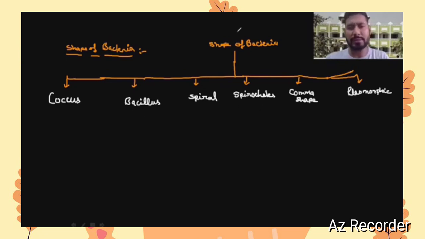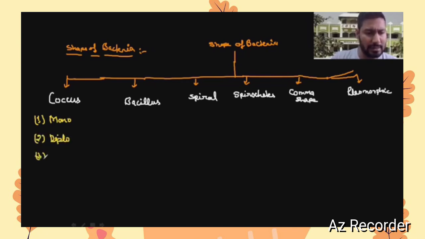Now coccus is again classified into 4 to 5 different types. Number 1 is monococcus. Second is the diplococcus, and third is the streptococcus.